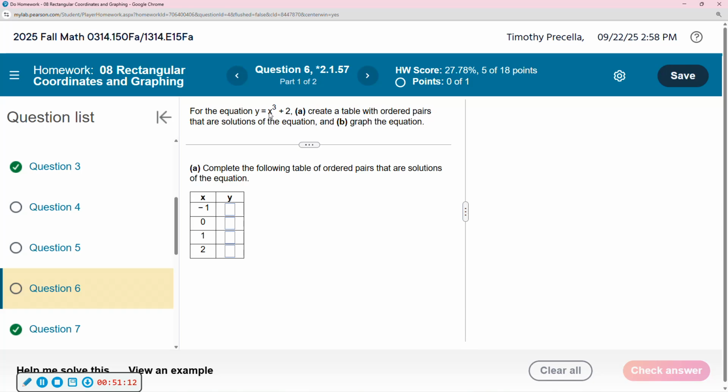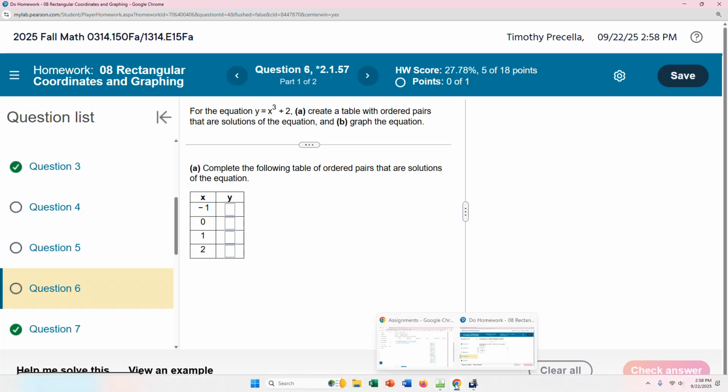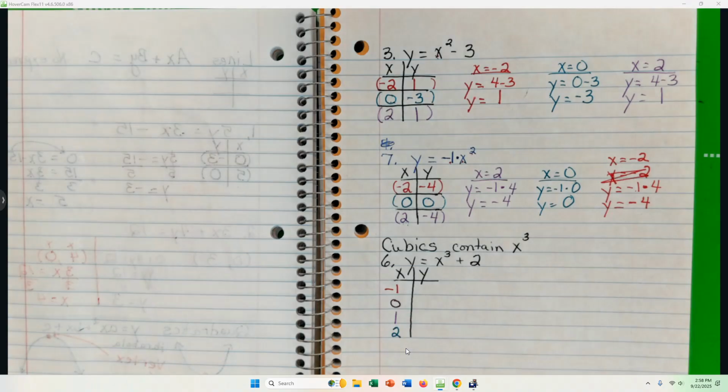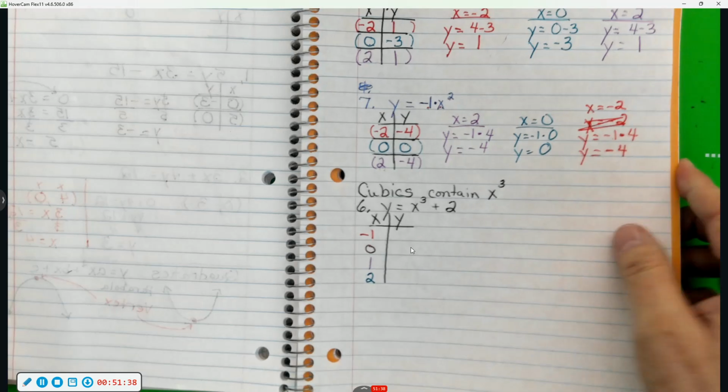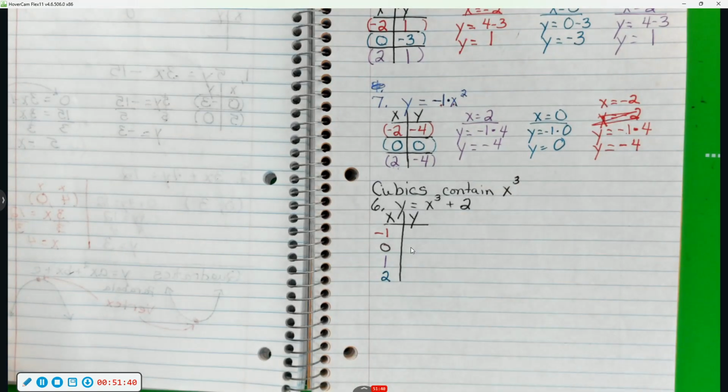A -1, a 0, a +1, and a, what's that, 2. Okay, so number 6 is our cubic.